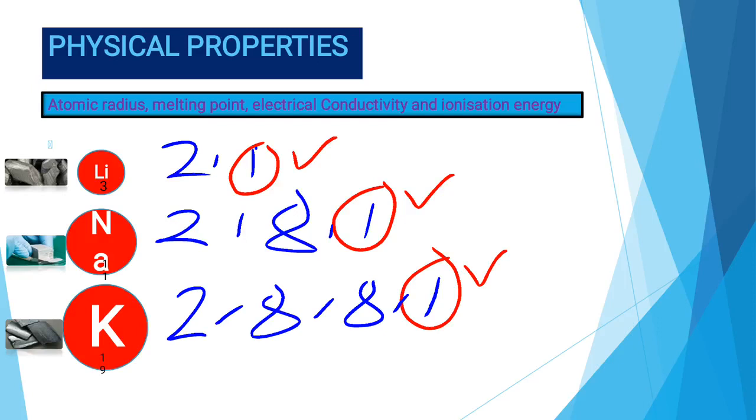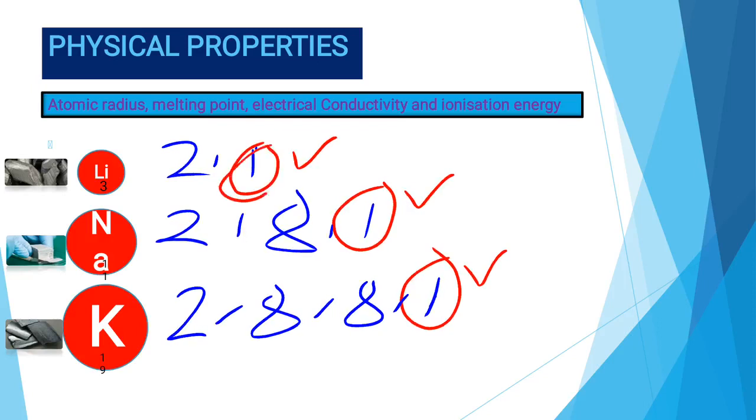So potassium having a very big size means that its electron is held weakly as compared to the electron of sodium and the electron of lithium.